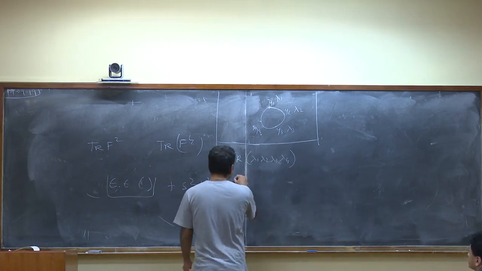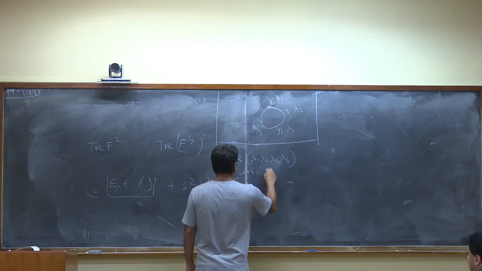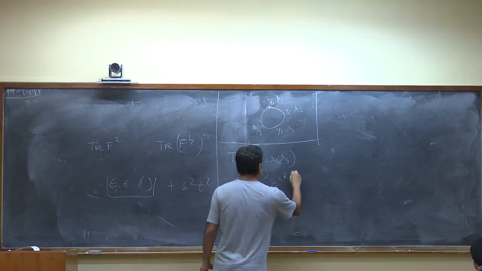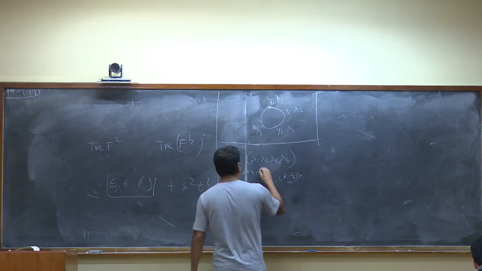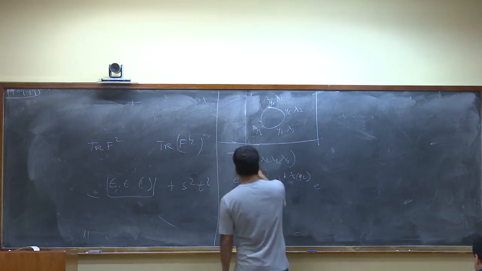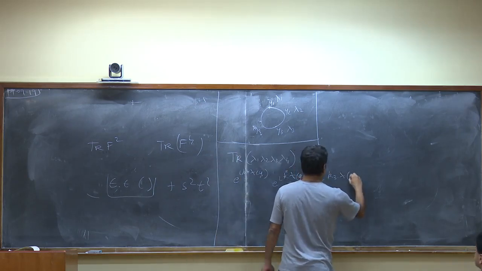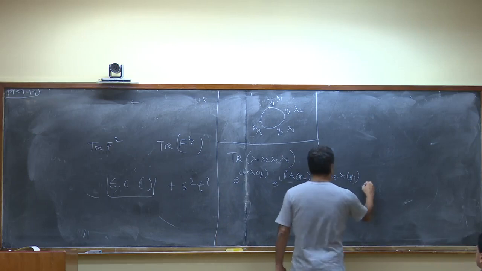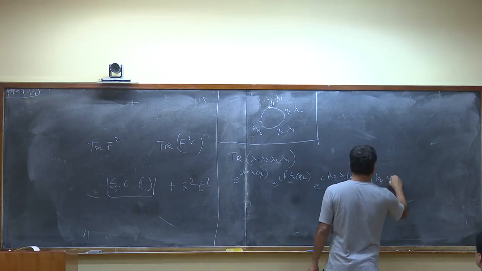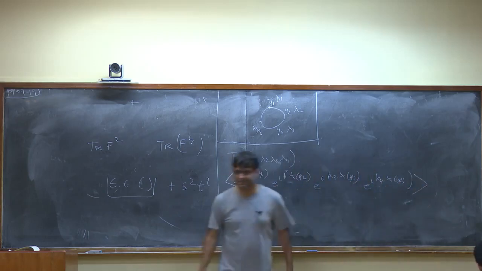So this is very easy because it's e to the i k1 dot x of y1, e to the i k2 dot x of y2, e to the i k3 dot x of y3, e to the i k4 dot x of y4, and then just the expectation value of this.